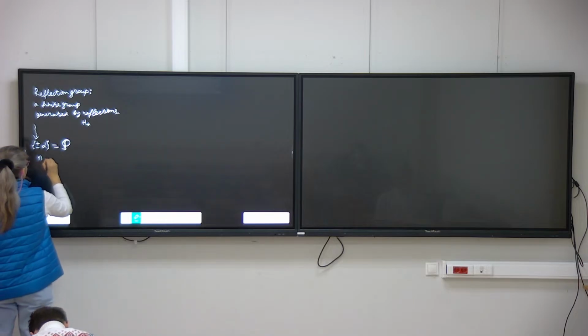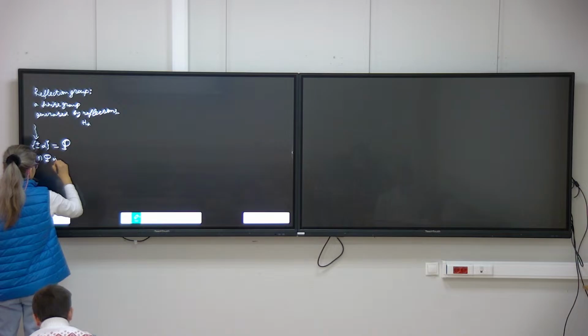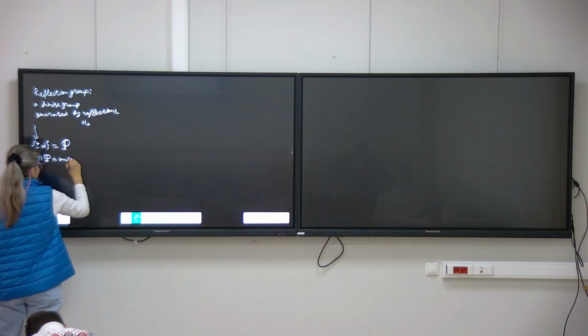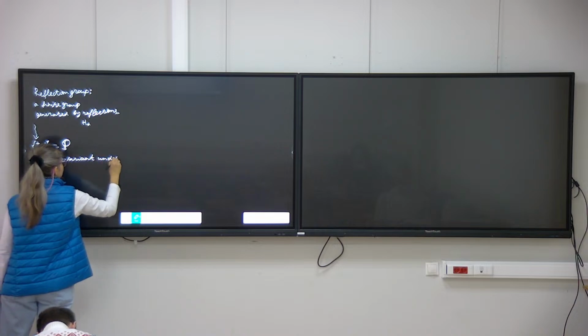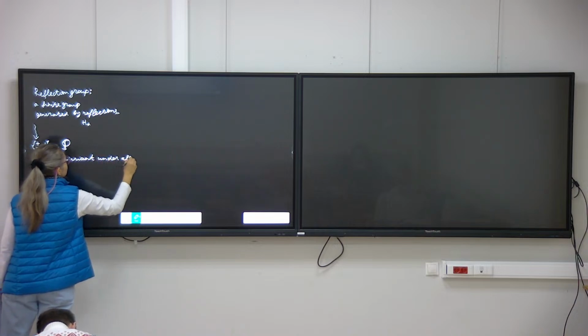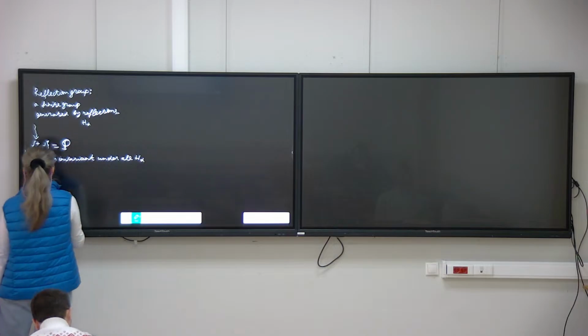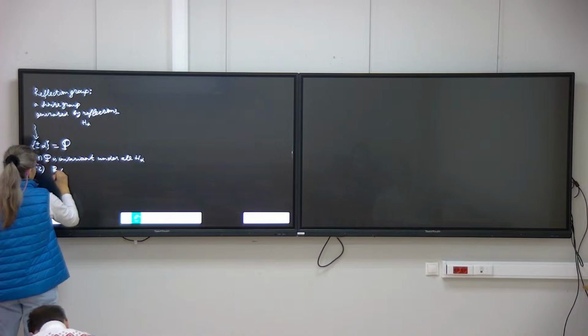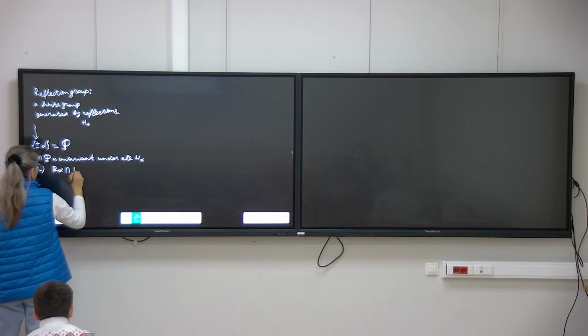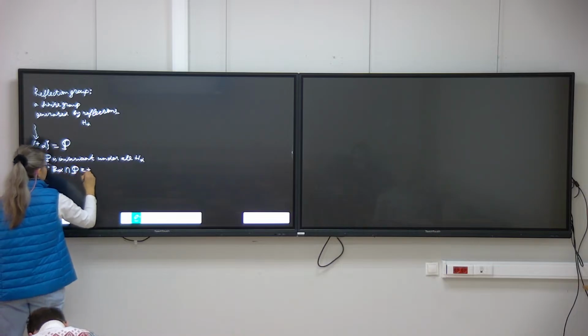So phi is invariant under all H alpha. And the second property is that if we take a line and intersect it with phi, it will be plus minus alpha.